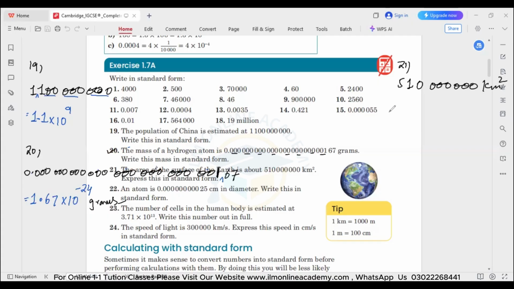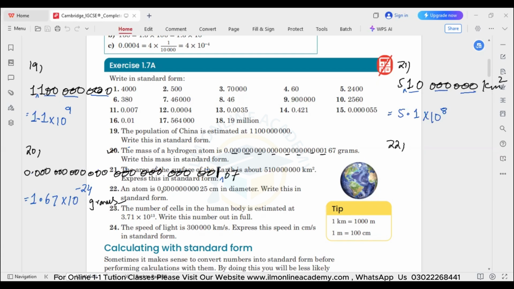We again apply the decimal point after the 5, so it will be 5.1 times 10 raised to the power. Let's count the zeros: 3, 6, 7, 8. So we have 8 instead of negative 8, because the number is quite big, 5 1 something, not 0.0 something. This was the 21st.